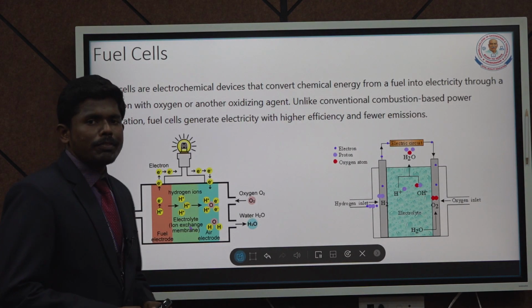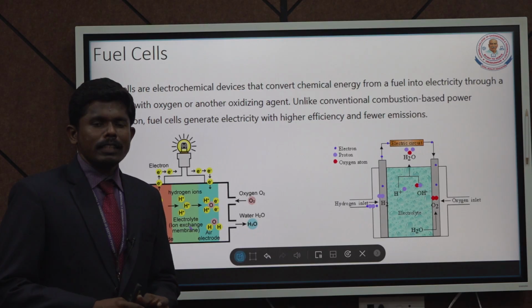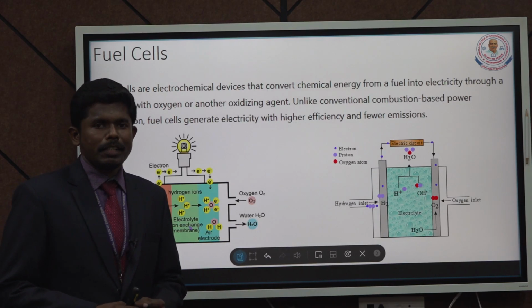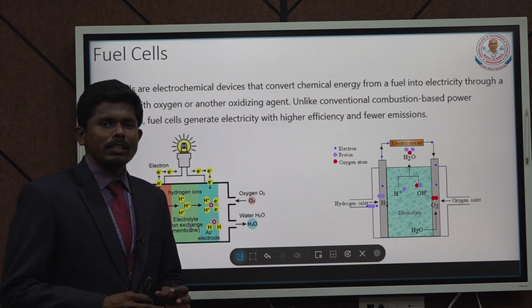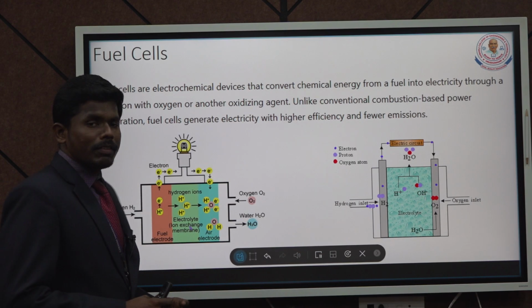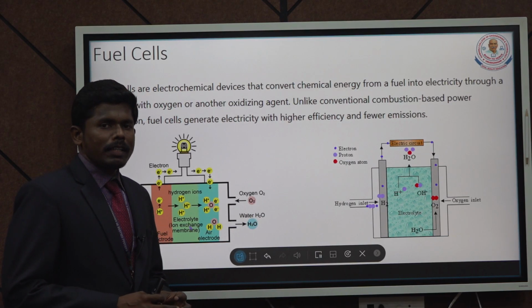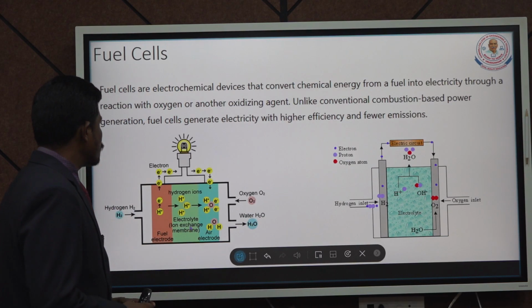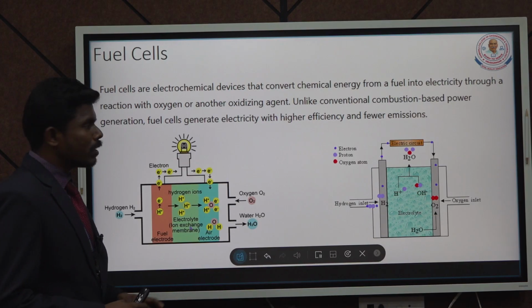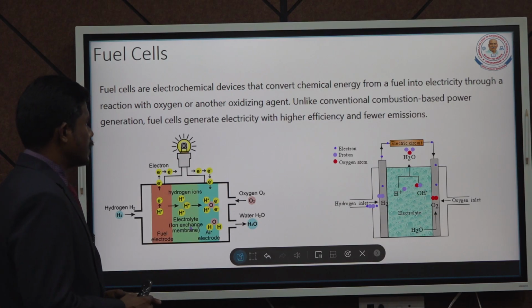In fuel cells, the main requirement for the fuel is hydrogen. Based on this hydrogen gas alone, this energy can function. Fuel cells are electrochemical devices that convert chemical energy from a fuel into electricity through reaction with oxygen or another oxidizing agent.